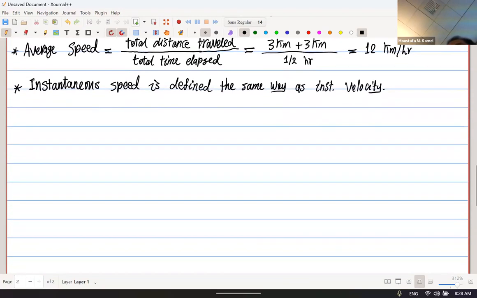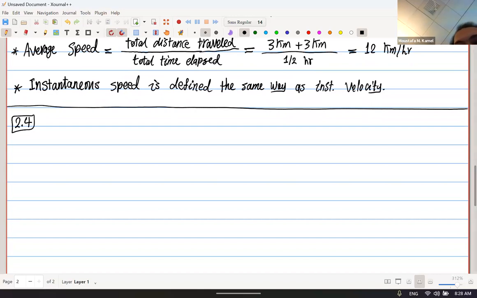Okay, so now let's move on to acceleration, section 2.4. In everyday conversation, when we say something is accelerating, we're saying something is speeding up, right? And when you have more acceleration, you are increasing in speed over a smaller amount of time.